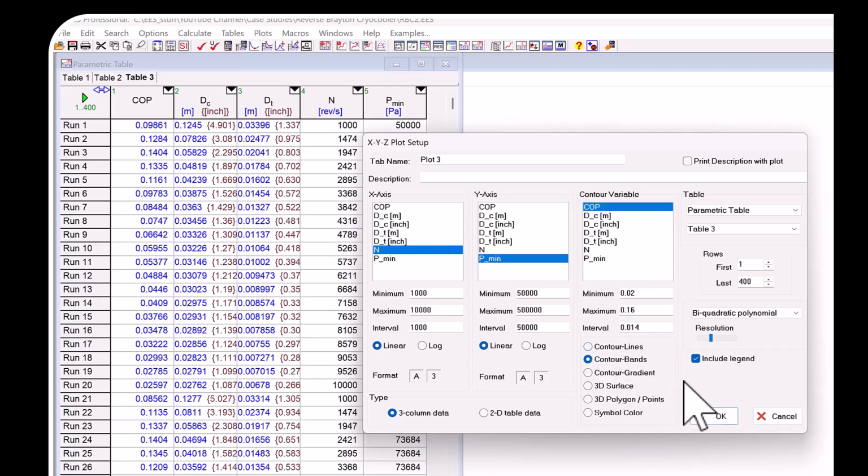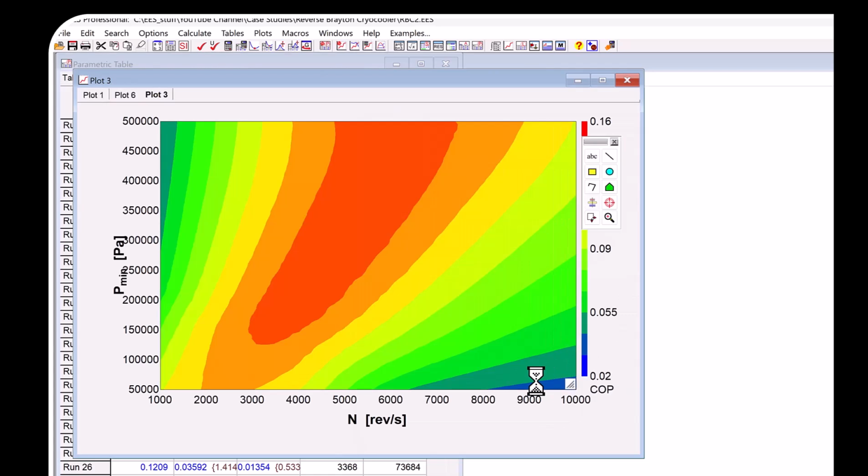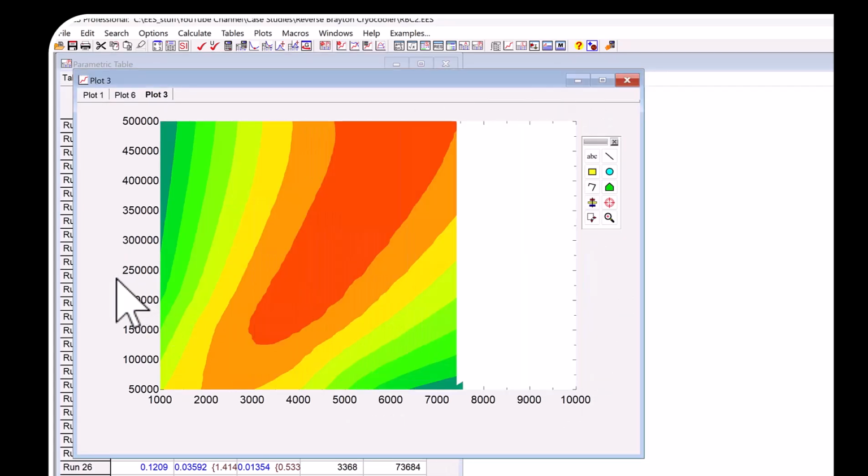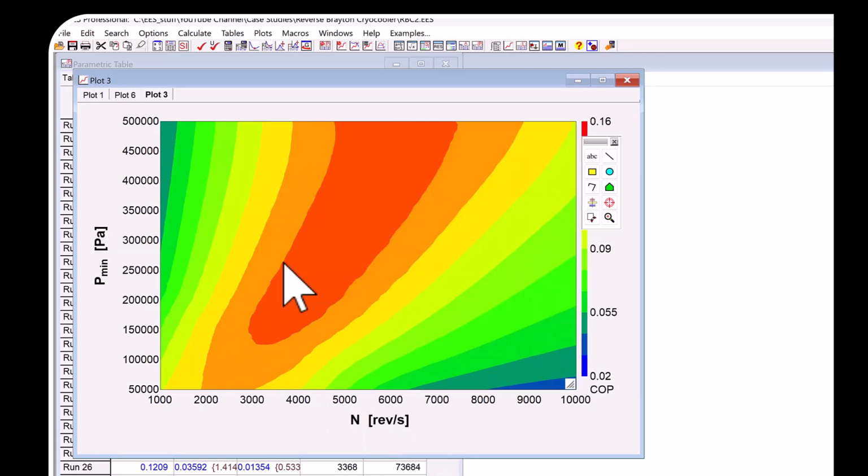And I'm going to make color bands, and you can play with the resolution and the interpolation scheme, but hopefully this will work okay. And there's the outcome. So you can see there's a range of P min and N that sort of puts you on top of this plateau. So you'd want to be up here in order to maximize COP. That's going to get you your maximum COP here.